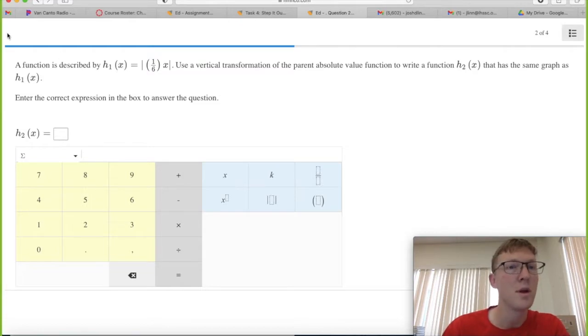I don't know, maybe. A function is described, h1 of x equals that. Use a vertical transformation of the parent absolute value function to write the function h2 of x that has the same graph as h1 of x.